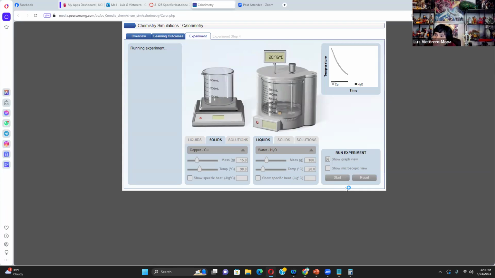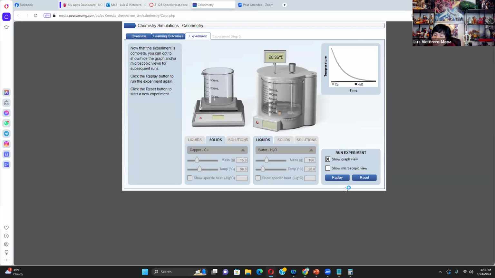for the water. The reason is because the specific heat of copper is way less than the specific heat capacity of water. Water is an excellent coolant for engines because of that. It doesn't get hot that easily. Or it doesn't increase its temperature that easily.